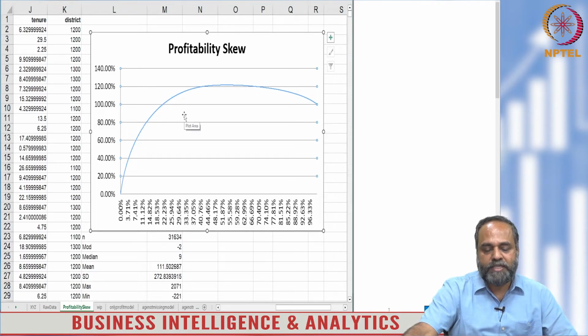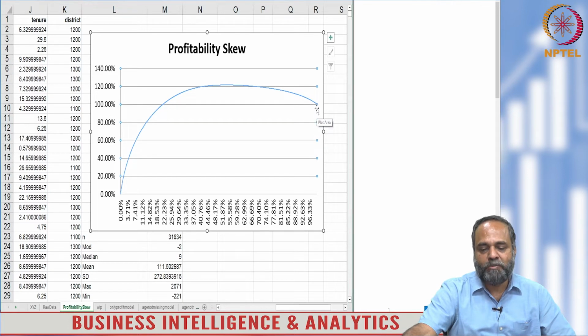You also see that the cumulative profitability goes beyond 100% up to 120%, and then starts falling. When you include all the customers the profitability is 100, but from about 50% and beyond, the graph starts falling.